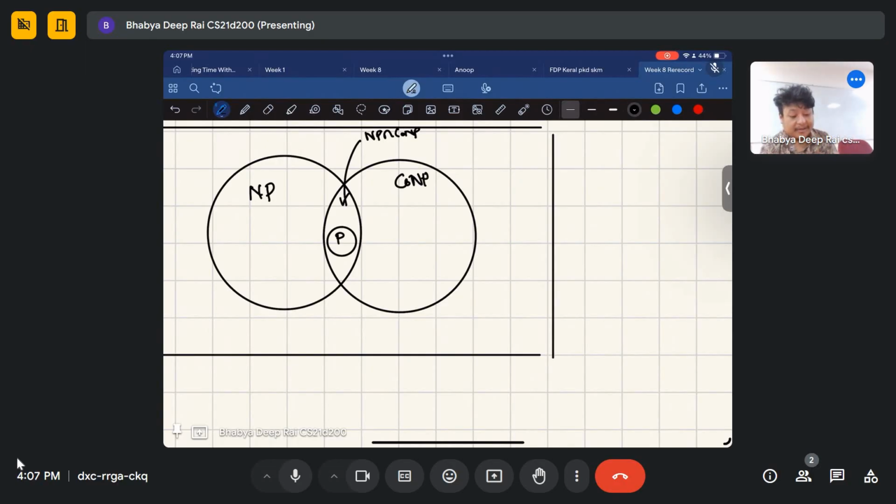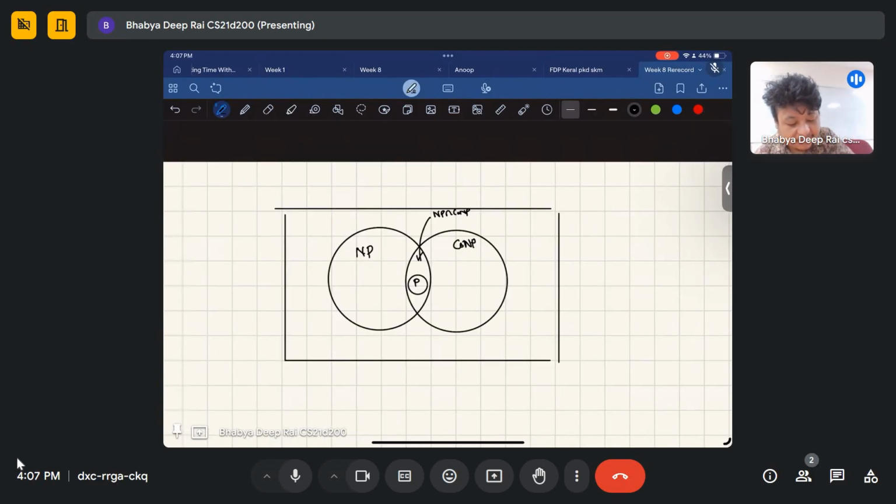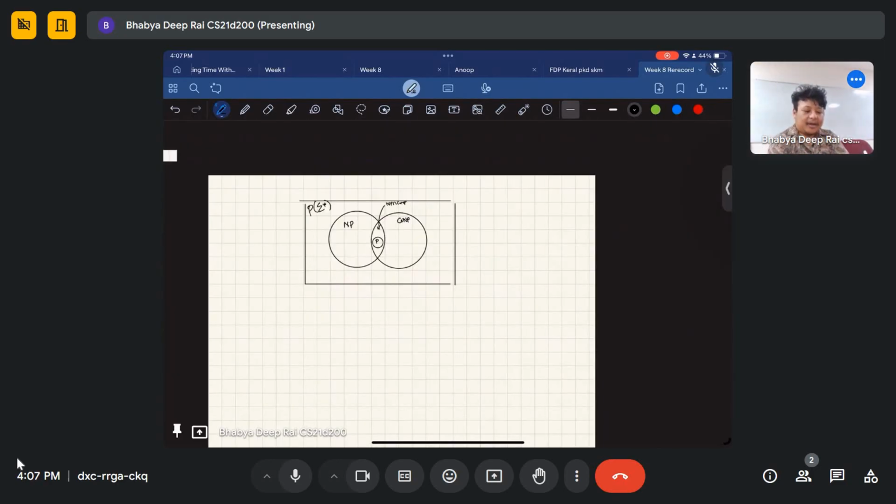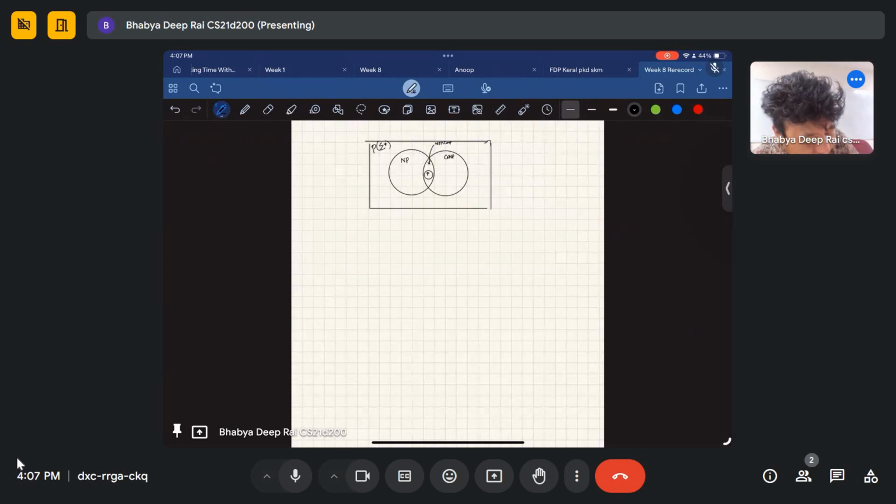And this is the set of all languages, which is the power set of sigma star. Firstly, we know P is contained in NP. We don't know whether P is equal to NP or not. This is one of the biggest problems until now, and it has not been resolved, and probably will not be resolved anytime soon.